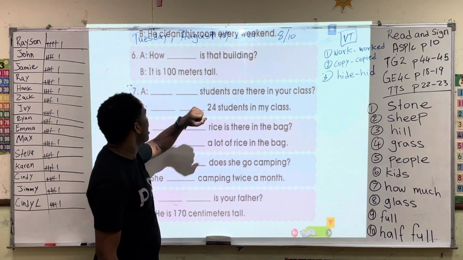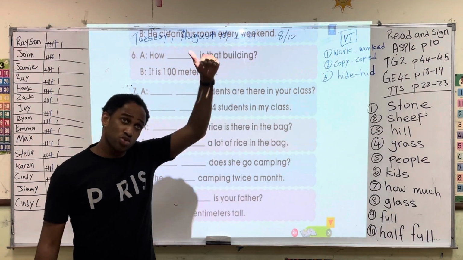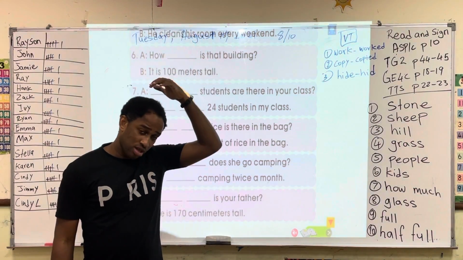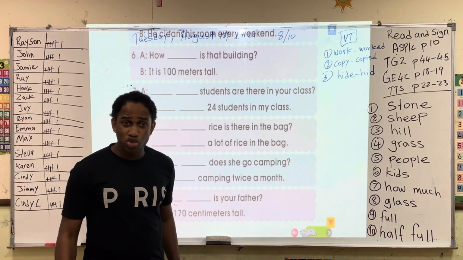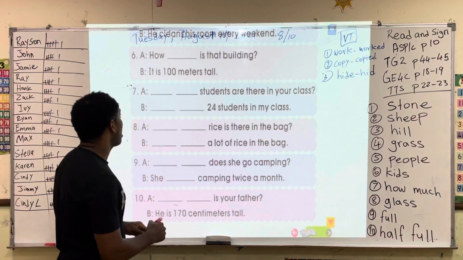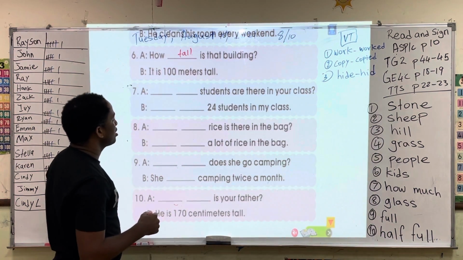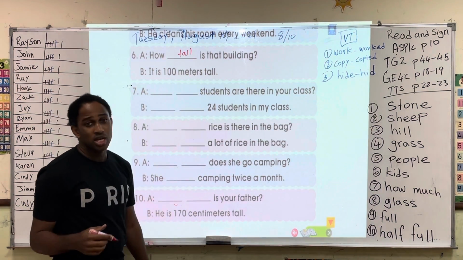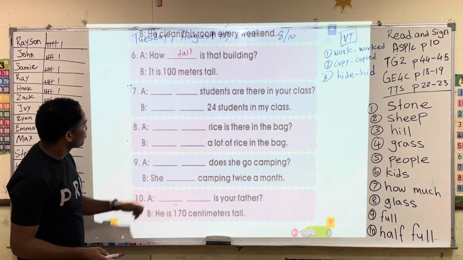How dash is that building? It is 100 meters tall. You want to know, how tall are you? I am 100 centimeters tall. So you want to know the height of the building. So how tall is that building? It is 100 meters tall. Good. Now let us go to number 7.